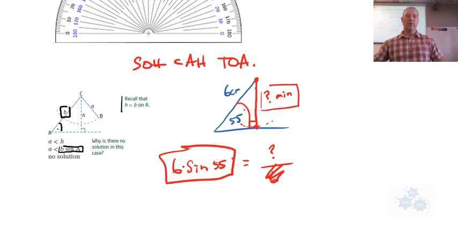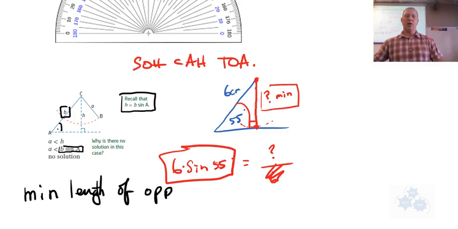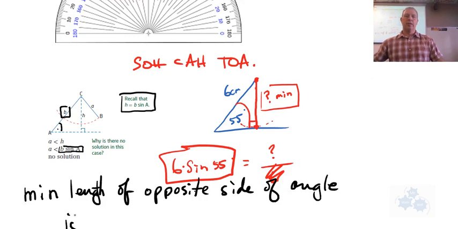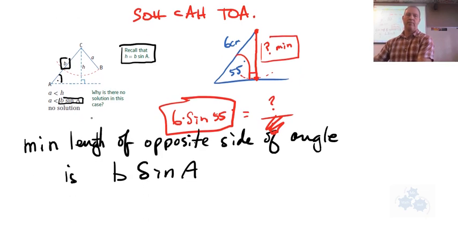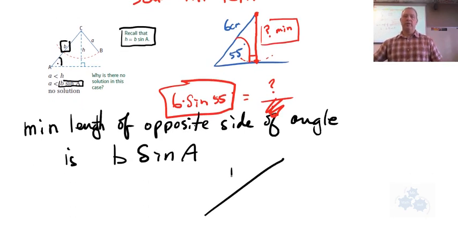So I'm going to just highlight this right here. I'll rewrite it. The minimum length of the opposite side of angle A is B sine A, where this is B and this is angle A. And this is the minimum length here to form a right triangle.